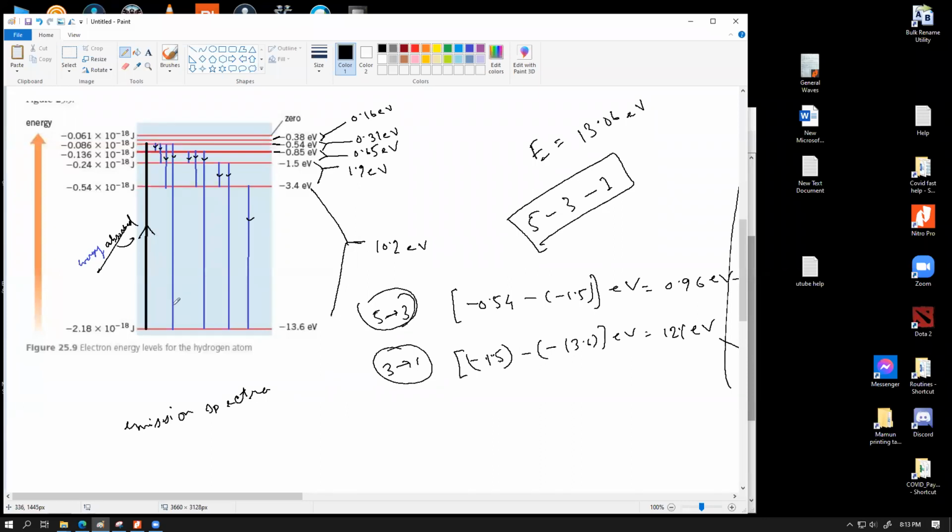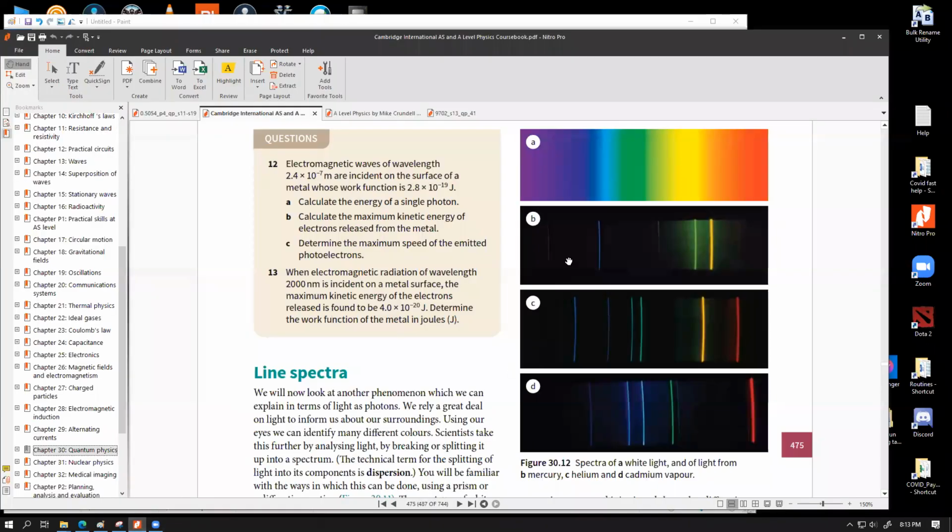For example, if you have 1 million particles, maybe even 0.01% of those atoms might actually give you the whole jump. So the intensity of that specific color would be very, very low, but it would be detectable. That's why we have a really dim line on the very highest range of the frequencies.